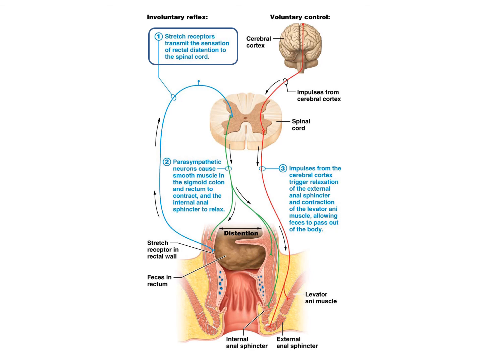Okay, so let's look at this process that occurs in the defecation reflex. Of course, this part's an involuntary reflex. Stretch receptors transmit the sensation of rectal distension to the spinal cord. So here's the distension from the fecal matter entering the rectum that sends a stimulus to the spinal cord.